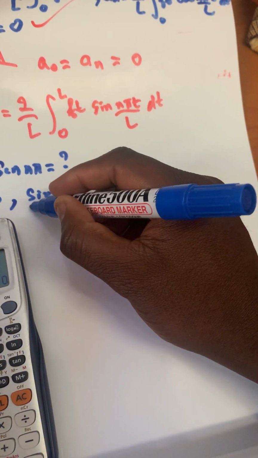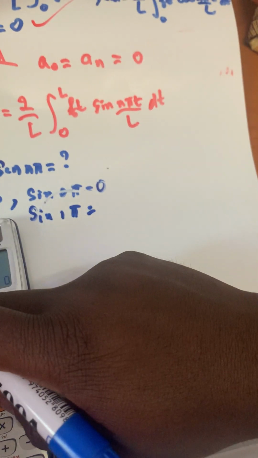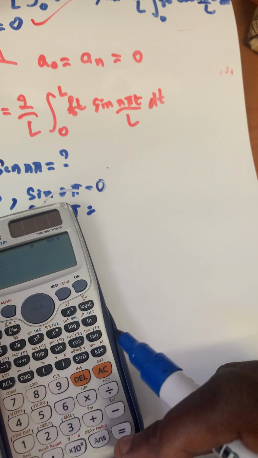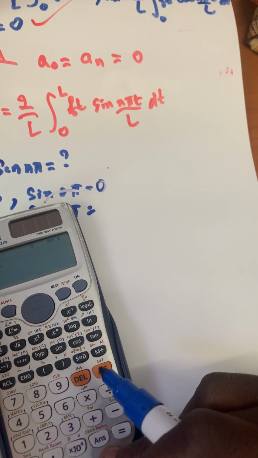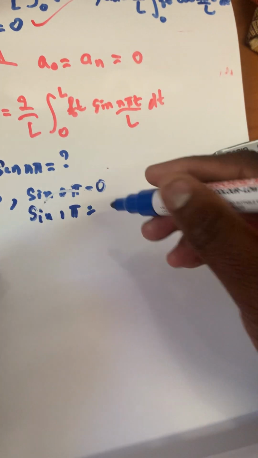Okay, now let's say n equal to 1. It's going to give me sine of pi. Sine of pi is also giving me 0.